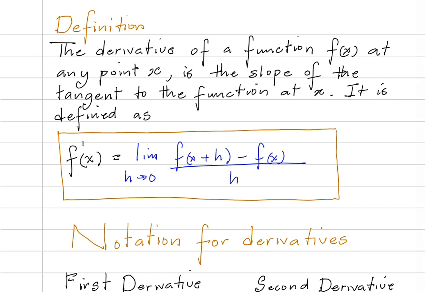So the derivative of a function f of x at any point x is the slope, and another word for slope is gradient, of the tangent to the function at x. This is defined as f prime of x is equal to the limit of f of x plus h minus f of x over h as h approaches 0.